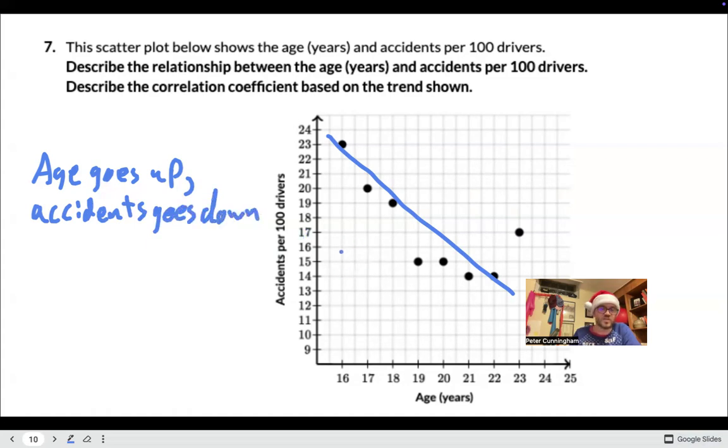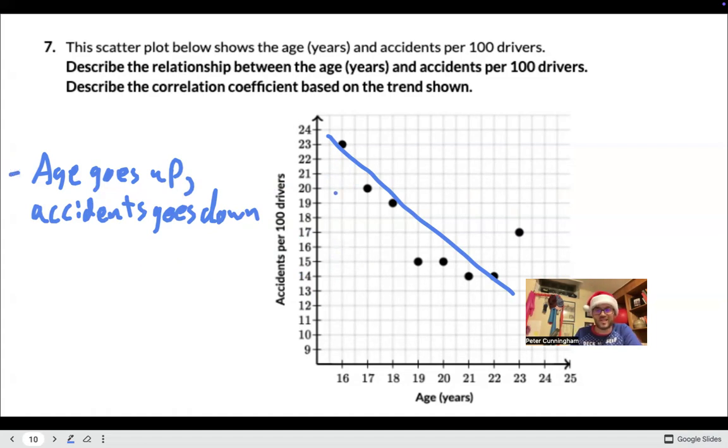Makes sense. Inexperienced drivers are more likely to get in crashes, right? So the less experience you have, the more crashes you are likely to get in, or more crashes involve inexperienced drivers, however you want to phrase that.